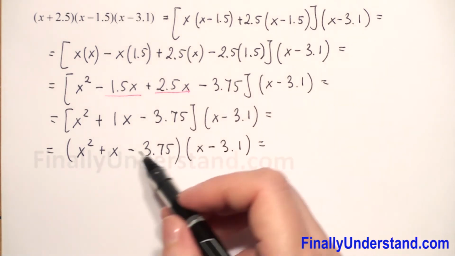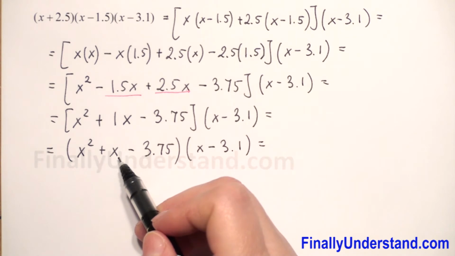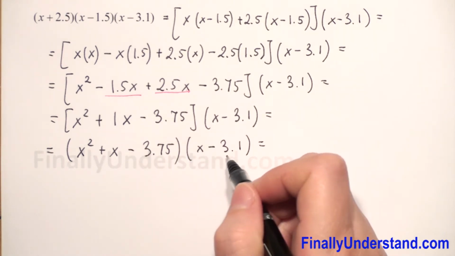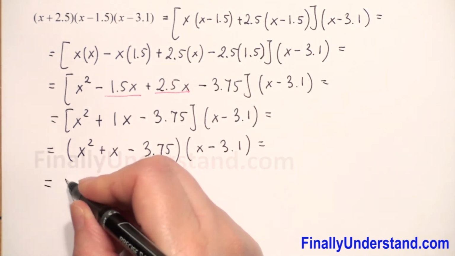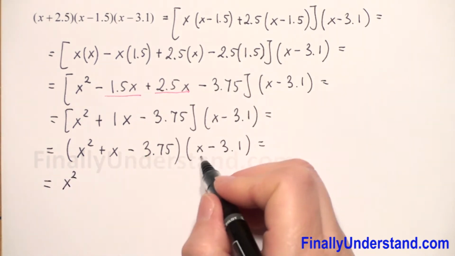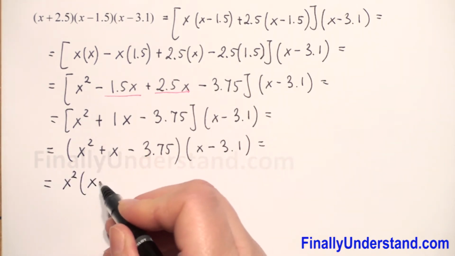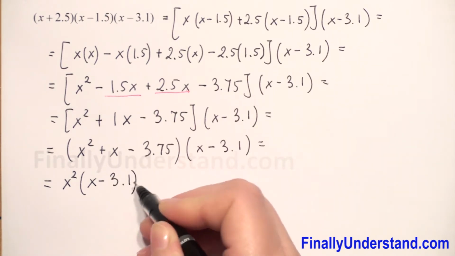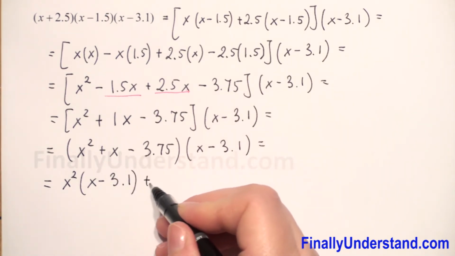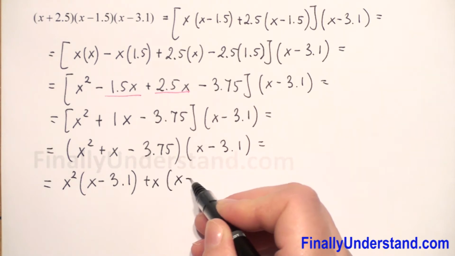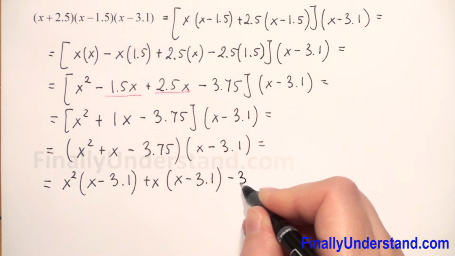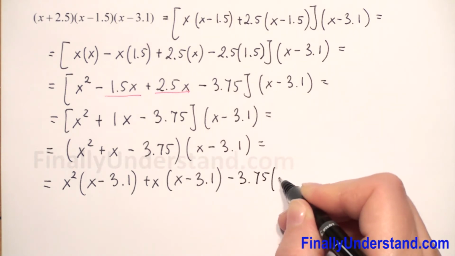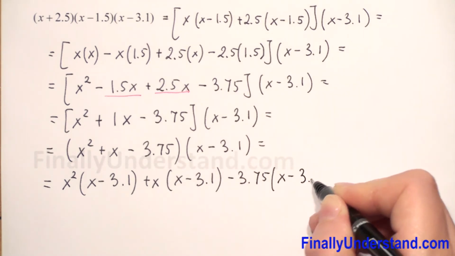Now we have to multiply every expression in the first parenthesis by x minus 3.1. So let me write this. We have x squared times x minus 3.1. Next we have positive x times x minus 3.1, and next we have negative 3.75 times x minus 3.1.